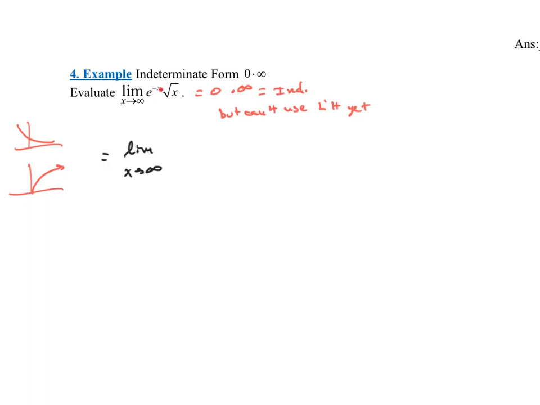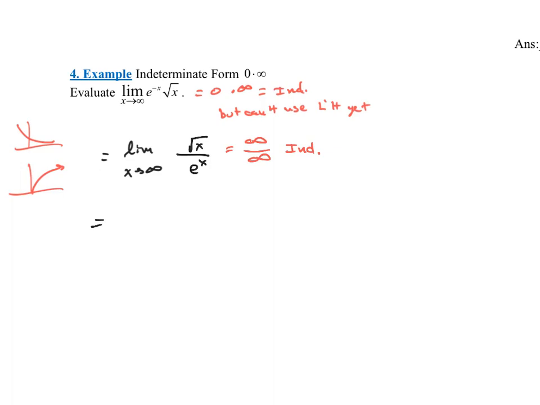Isn't e to the negative x, that negative exponent, couldn't we throw it into the denominator? So in other words, couldn't we say this is the same thing as the square root of x over e to the x, throwing it into the denominator and making the power positive on that e to the x? And notice now if we did this, square root of x goes to infinity, and e to the x goes to infinity. Now we can use L'Hopital's rule because we are in the proper indeterminate form. Once again, L'Hopital's rule only works if you show that it's equal to 0 over 0 or infinity over infinity.